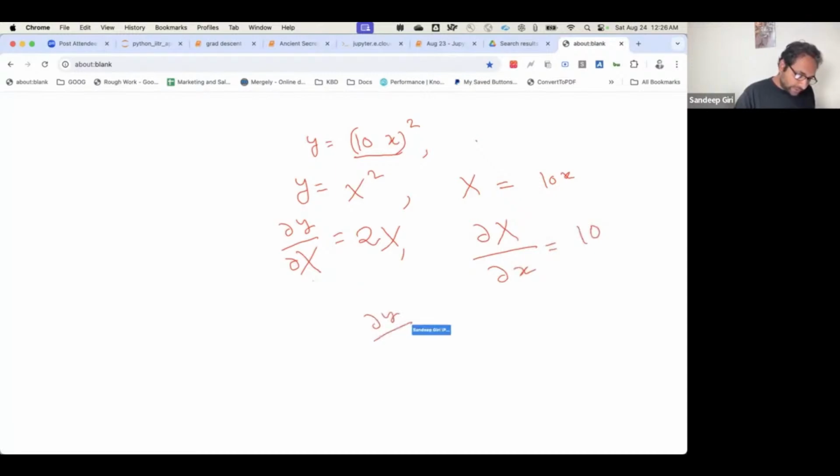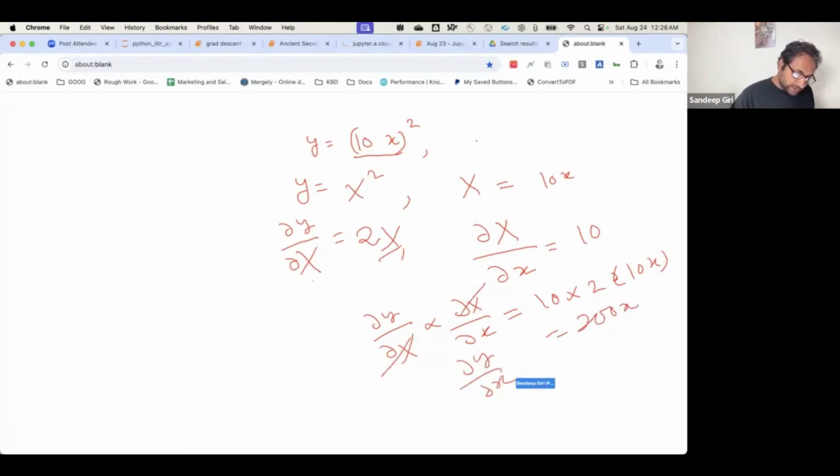So it equals 10 times 2 of capital X, which is 10x, so it is equal to 200x, and the d capital X gets cancelled, so dy by dx is 200x. You see the chain rule? I've just tried to derive the chain rule for you.